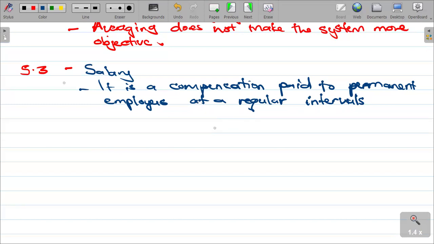So in other words, it is money paid before deductions.